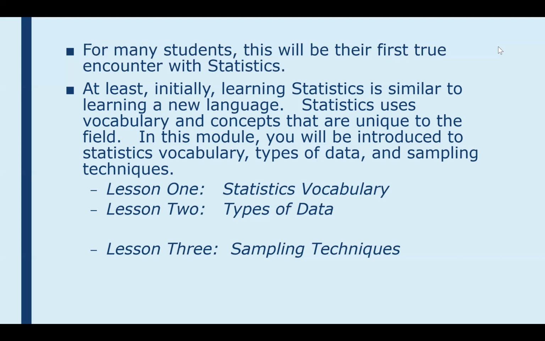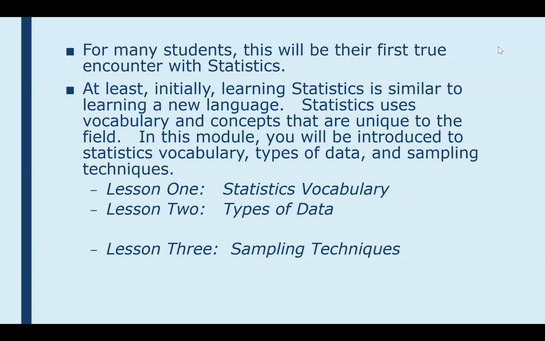So we'll begin with lesson 1, which is going to give us the broad strokes for the statistics vocabulary. We will look at the types of data. We will look at the vocabulary that is unique to the actual statistical research, as well as sampling techniques. That's the overview.